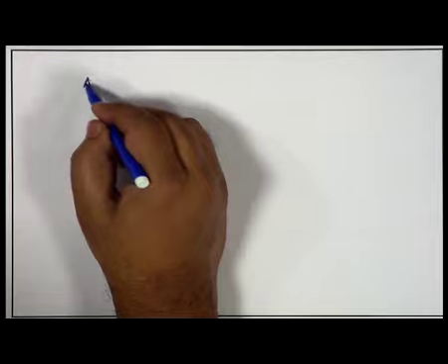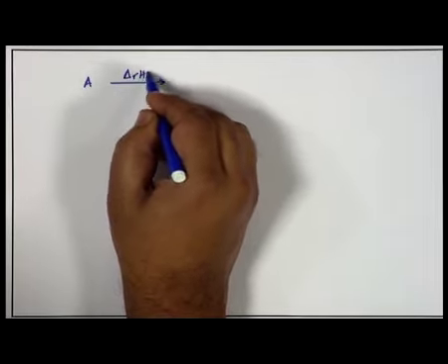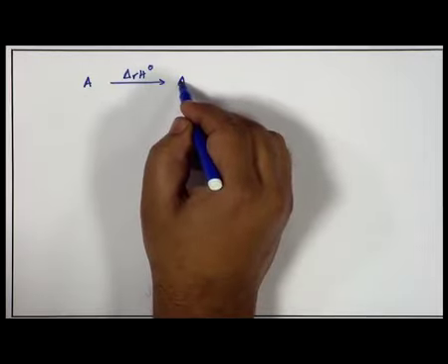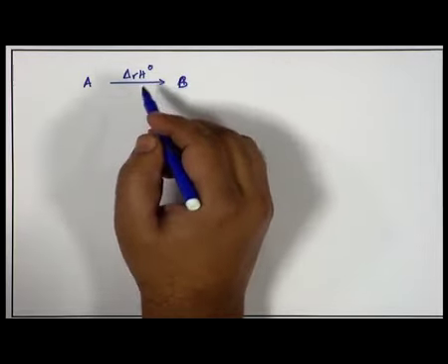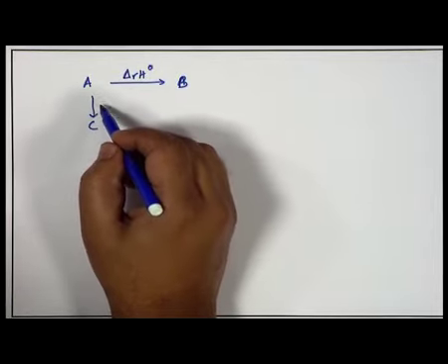So, as a generic process, we can write: if this is my reaction A to B, this is the enthalpy of reaction. We can consider intermediate steps.